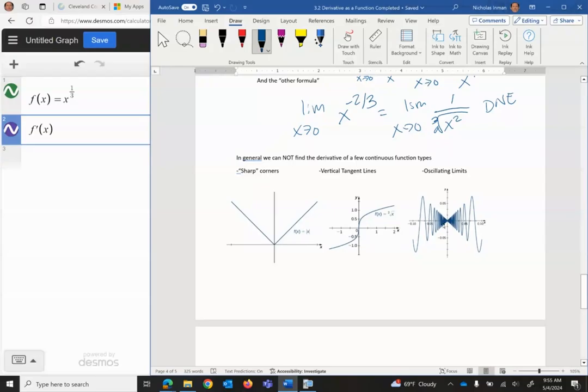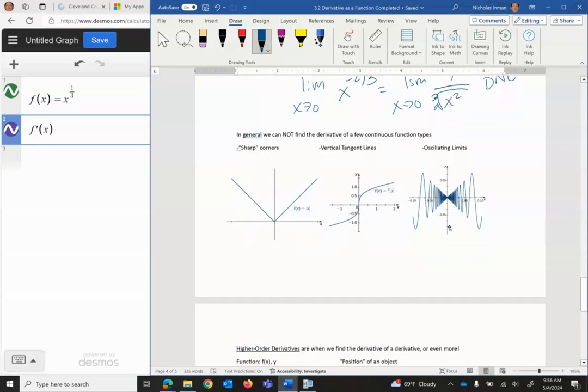I can find the limit of the function itself. The function itself is going to 0, but its derivative, what the graph is doing, its slope, we can't do that. All right, so derivatives, we can find a lot of them, but derivatives struggle at these three kind of ideas. Okay, the limit of the function itself is very doable, but the derivative of that function is not.